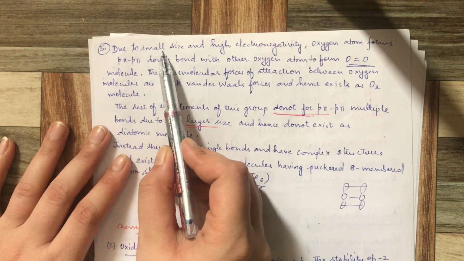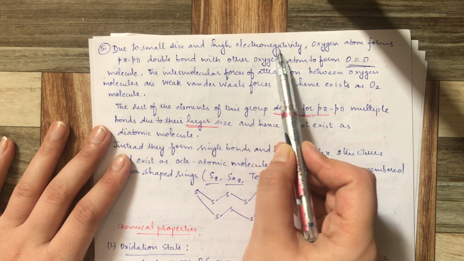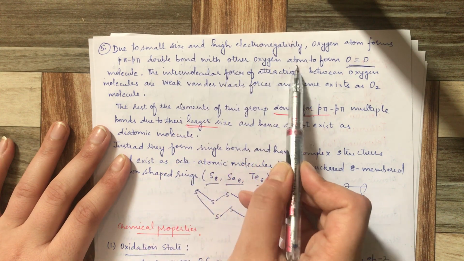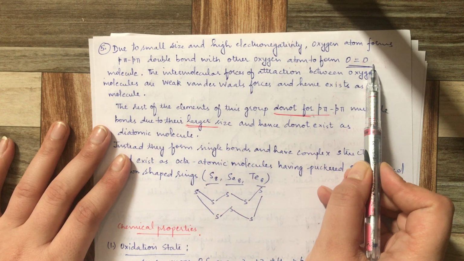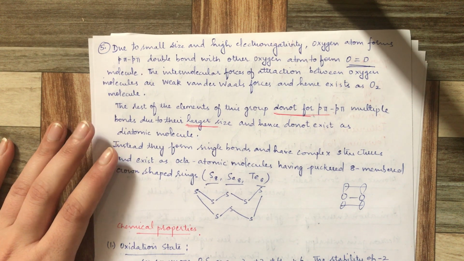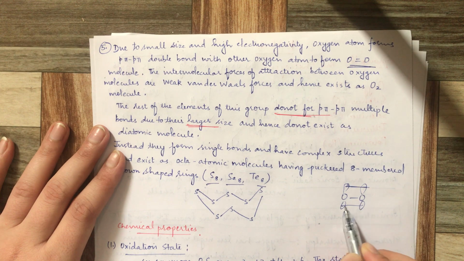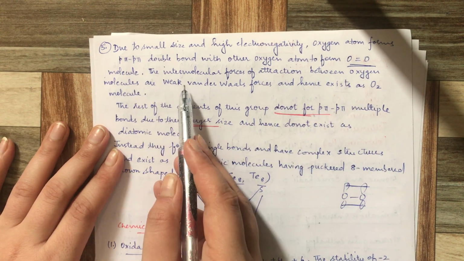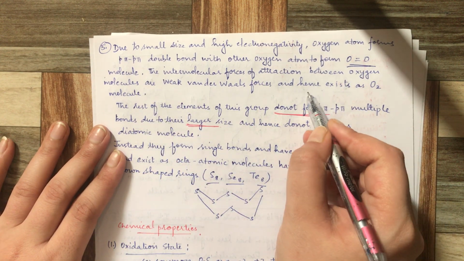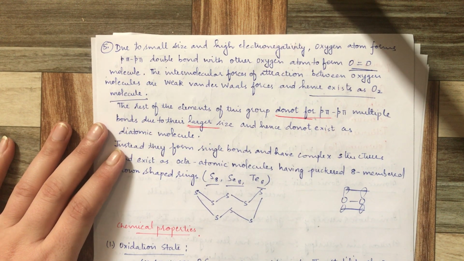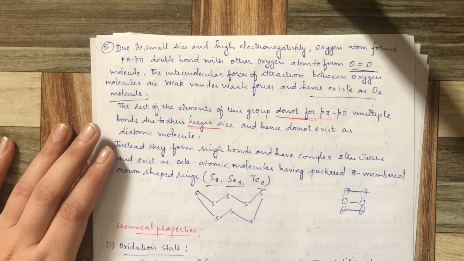Due to small size and high electronegativity, the oxygen atom forms a p pi double bond with other oxygen atoms to form the O=O molecule. The p orbitals are very small, so they can very well undergo sideways overlap. So the intermolecular forces of attraction between oxygen molecules are weak van der Waals forces and hence it exists as the O2 molecule. That's the reason why its melting and boiling point is low.